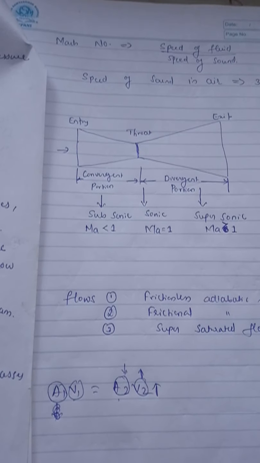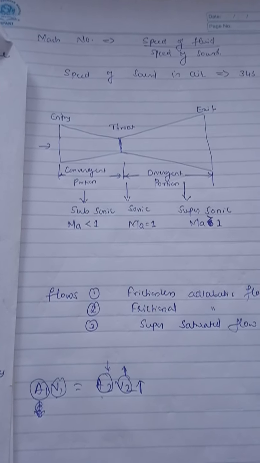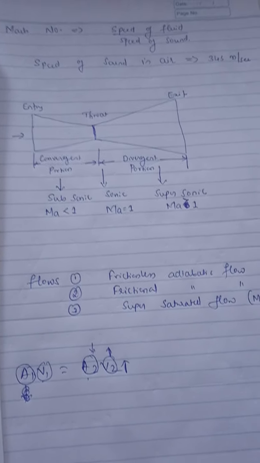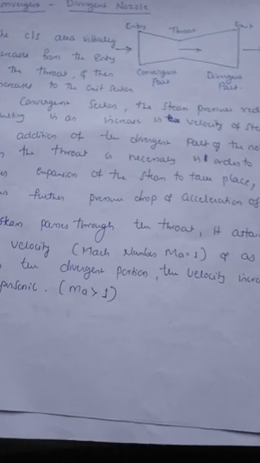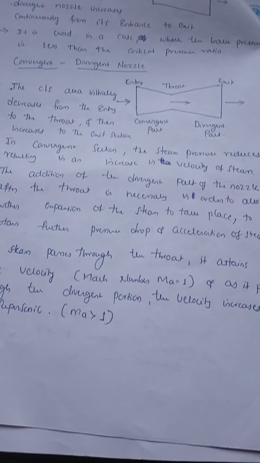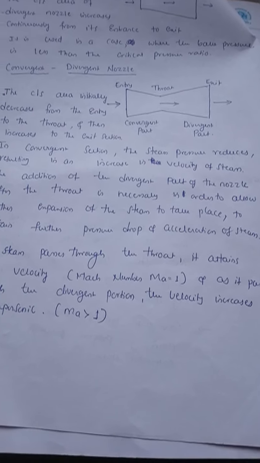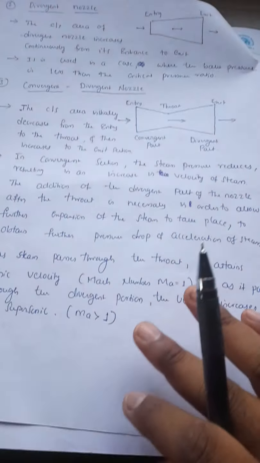So we add a divergent portion, allowing it to expand further into the divergent section and get increased acceleration. In addition, the divergent part of the nozzle after the throat is necessary to allow the expansion of the steam to take place and to obtain further pressure drop and acceleration of the steam.